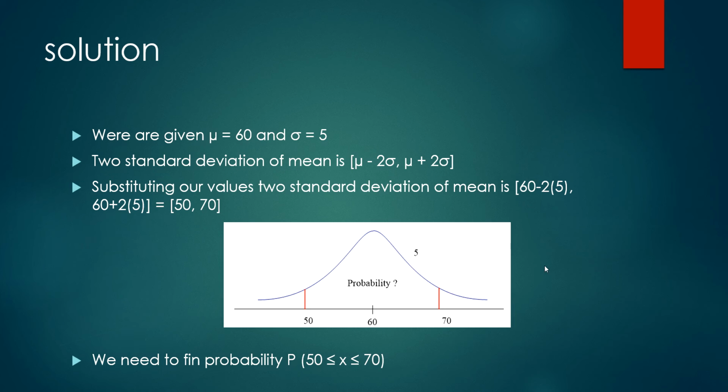So to find this probability, we need the area under this normal distribution curve over this interval. It's the probability that the random variable x along the x-axis is between 50 and 70, which is this probability that we will find soon.